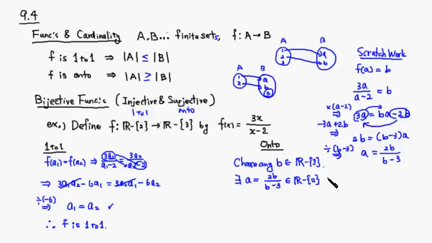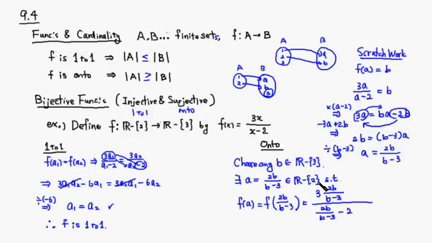Now let's look at f of a. This magic a should give you exactly b, so a is 2b over b minus 3. Let's plug it into the function. It's 3 times 2b over b minus 3, all over 2b over b minus 3 minus 2.